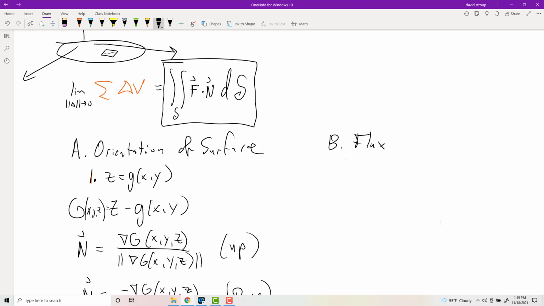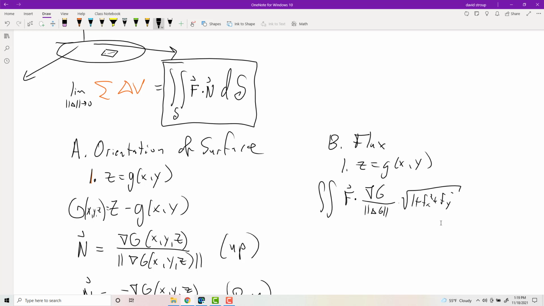So the first version, the z equals g of x, y version, you have the double integral of f dotted with n. That's going to be the gradient of G over the magnitude of the gradient of G, times the square root of 1 plus f_x squared plus f_y squared, and then dA.